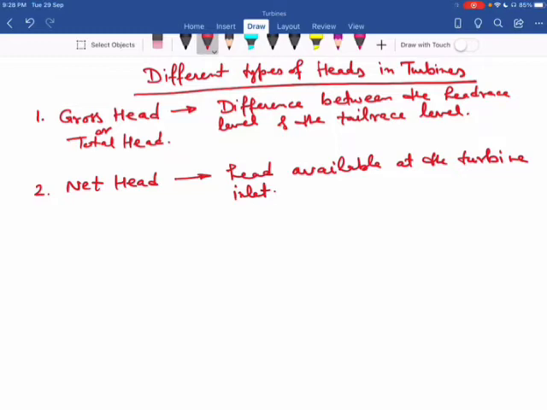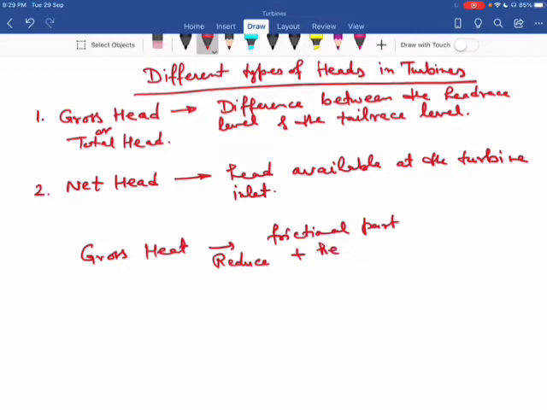So these two parts you have to reduce from the gross head, and the resulting part you have is the net head. Okay, so from gross head you have to reduce the frictional part, plus the height of tail race level and the turbine inlet. So that is the net head.